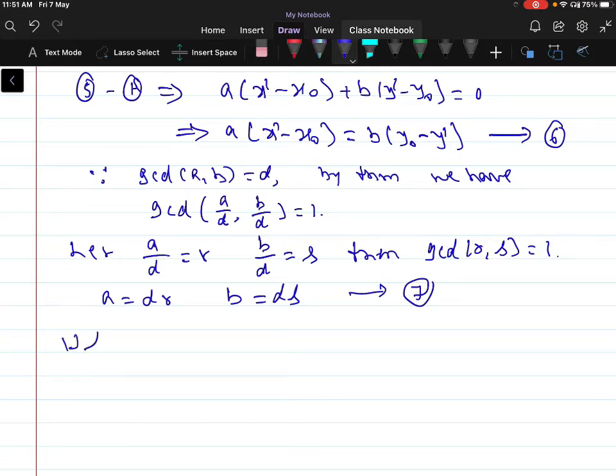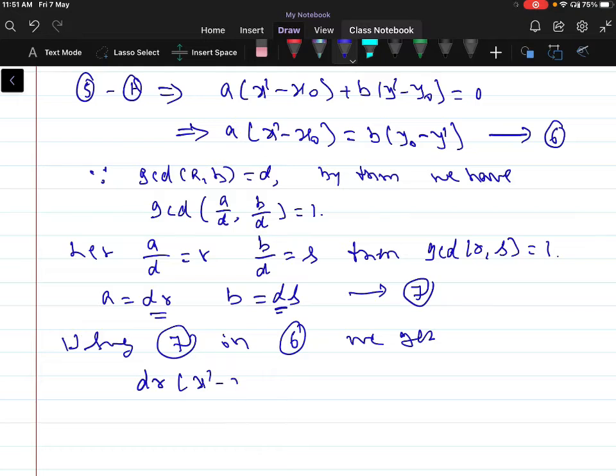Using 7 in 6 we get, in place of a we can write d into r, in place of b we write d into s. So equation 6 becomes d into r into x dash minus x naught is equal to d into s into y naught minus y dash.